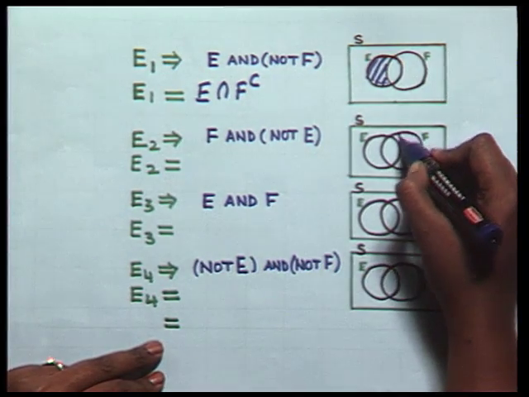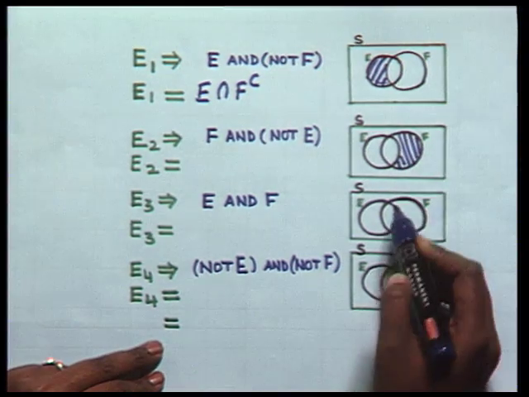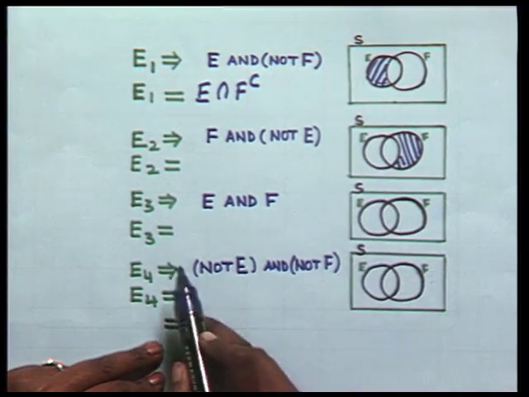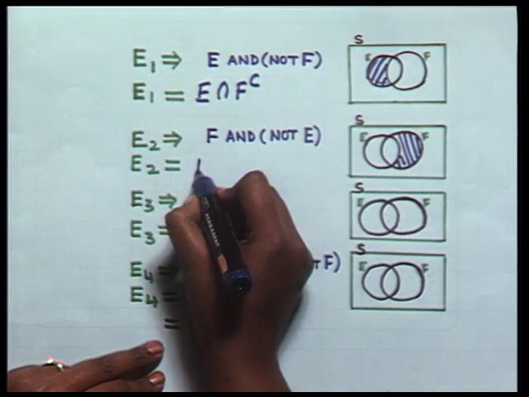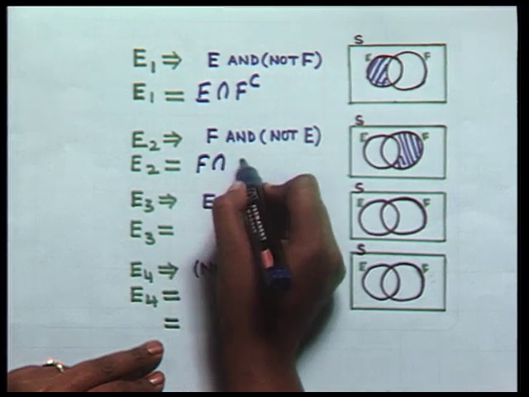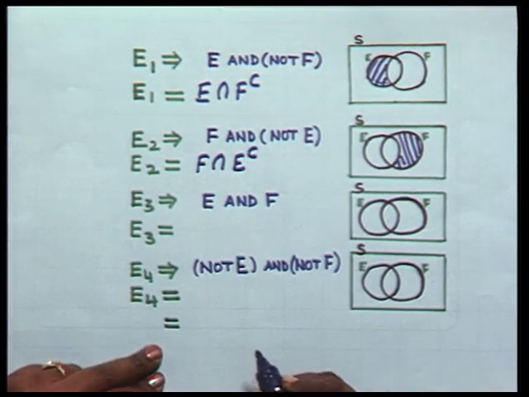In Venn diagram for this we shade the portion which represents only F and not E, and therefore E2 is the set F intersection complement of the event E.